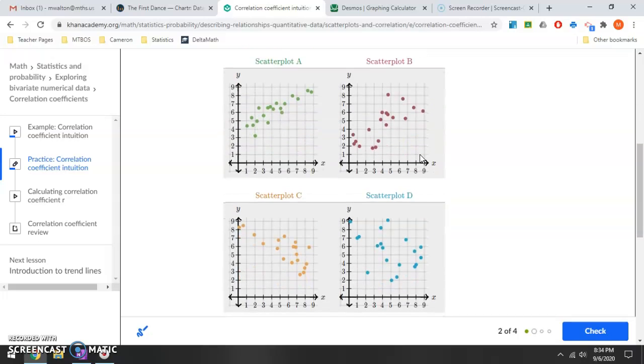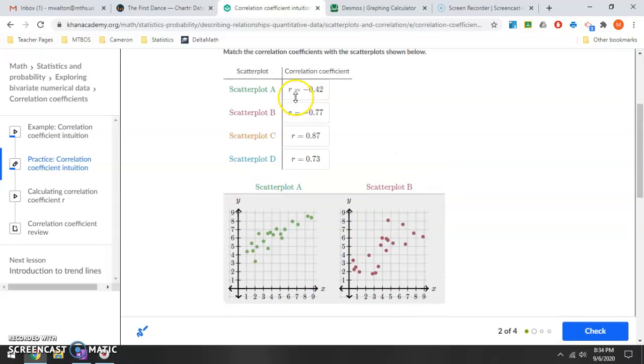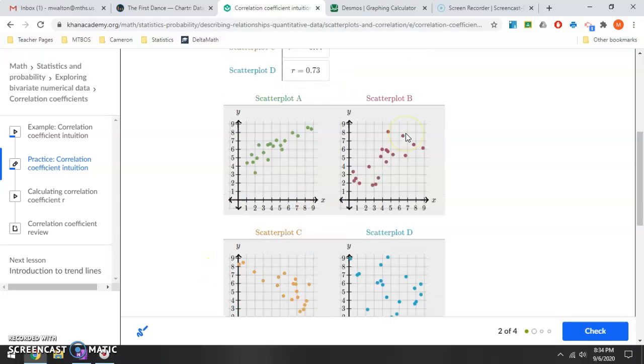First one, let's look at scatter plot A. This one is positive, so I know I'm going to need a positive number. And it's pretty good in terms of all of these. This is probably going to be my closest one to 1. So I'm going to say that this one is 0.87. This is my strongest positive relationship. It's going upwards, and it is also strong.